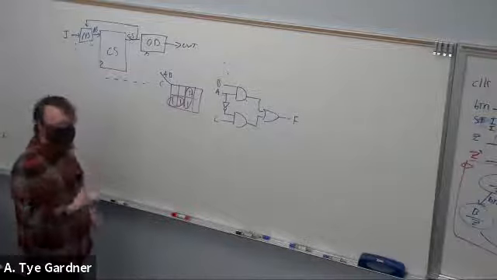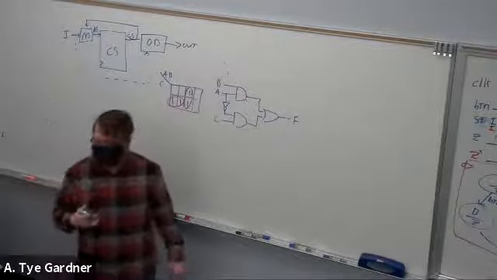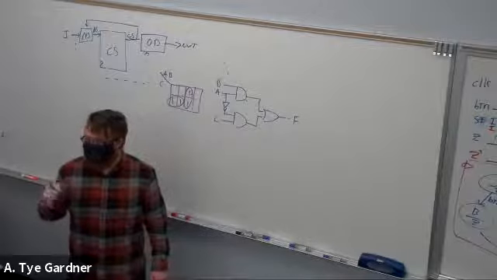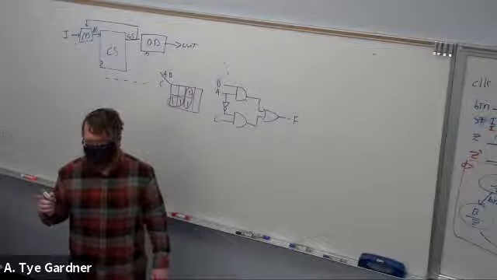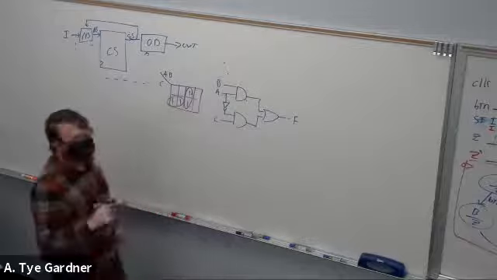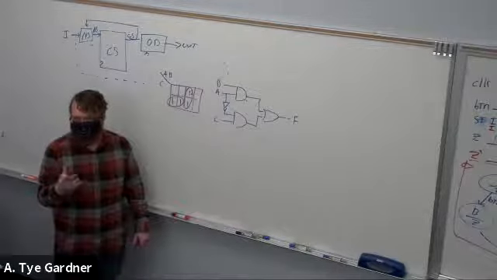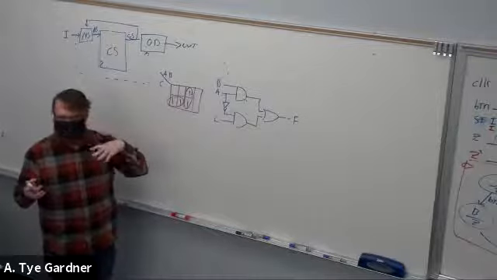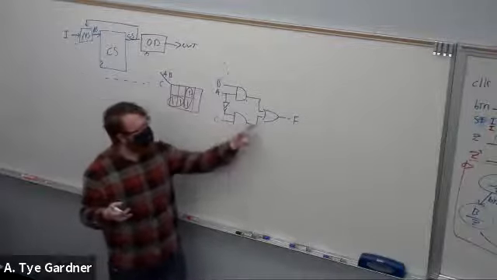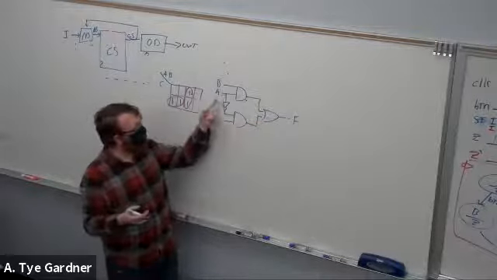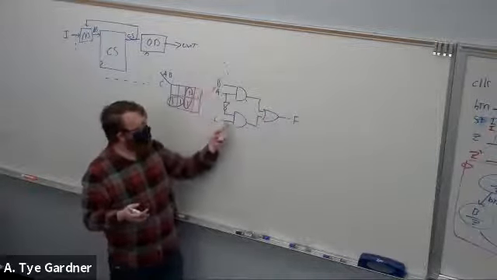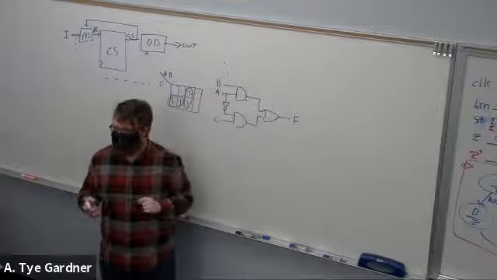Now, a hazard can only exist if one input signal has multiple delay paths. So only one of these signals has the potential to have an error, A, right? Because it has a delay path of 1, 2, 3 gates, or 1, 2. Both B and C have a delay path of only 2 gates.